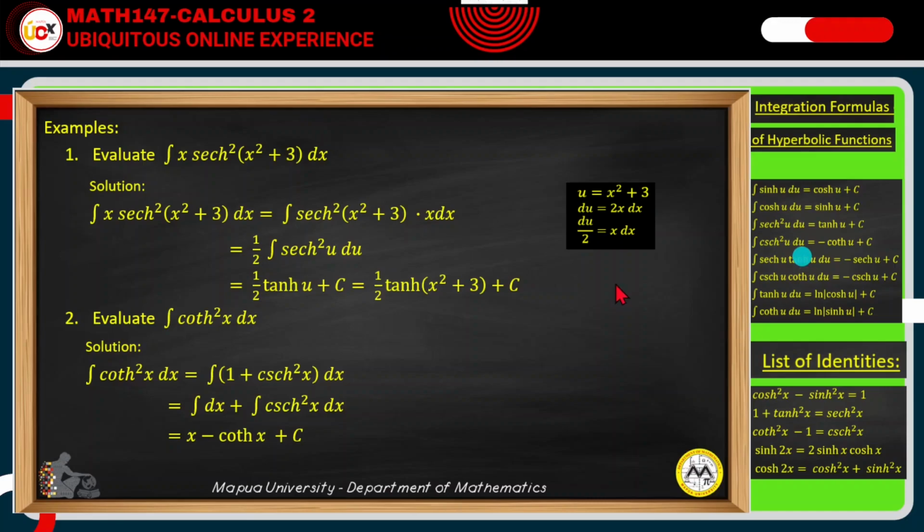So we can use this directly to evaluate the integral of hyperbolic cosecant squared x dx. From that formula, the integral of hyperbolic cosecant squared x dx is negative hyperbolic cotangent x. Therefore, the final answer is x minus the hyperbolic cotangent x plus the constant of integration c.